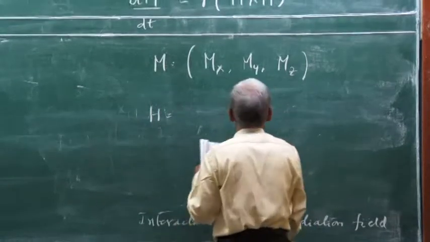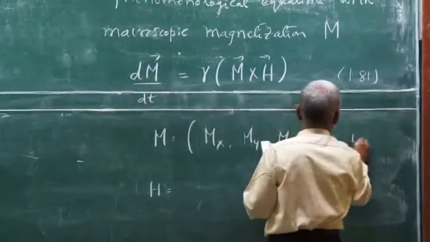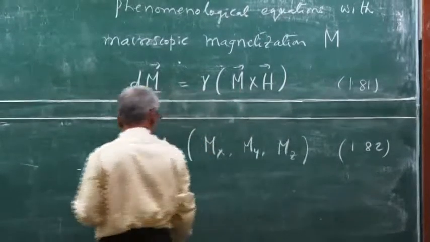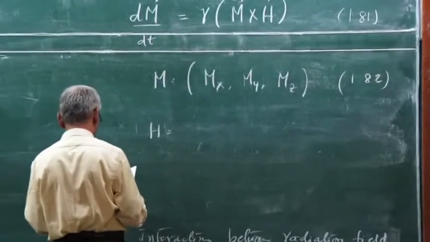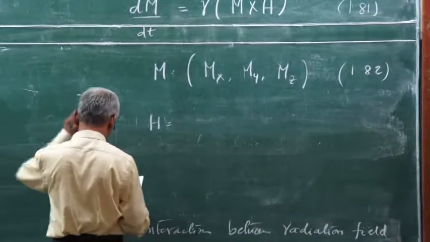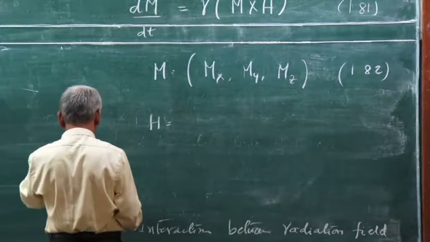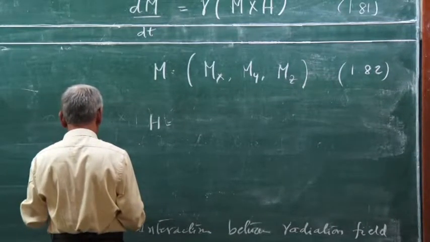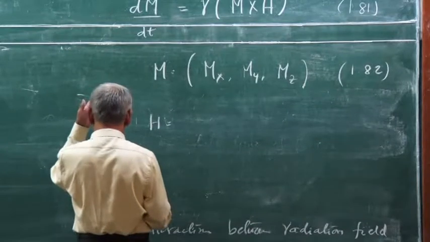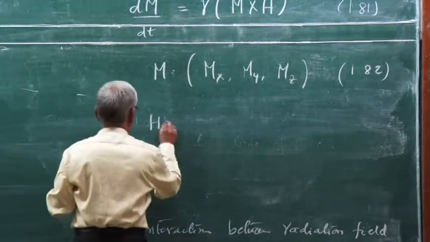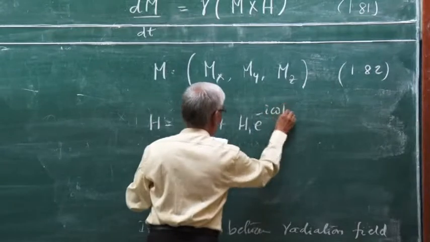Let me number this, 1.81, this is 1.82. And H is your field H0 plus H1 e to the minus i omega t.